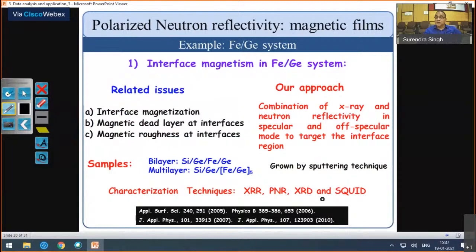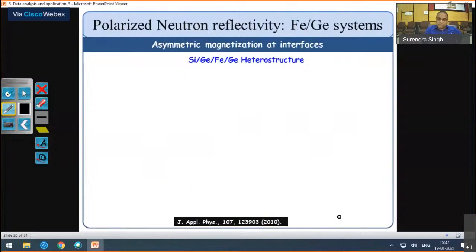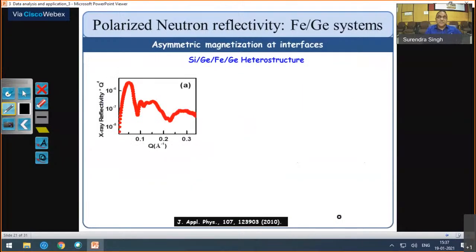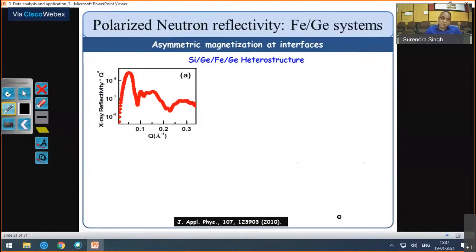We used other characterization techniques: XRR, PNR, and XRD, which is used to see the crystalline structure. These results have been reported in these papers. Now I just want to say about reflectivity. You can plot simple reflectivity, like I said, reflected intensity divided by incident intensity.